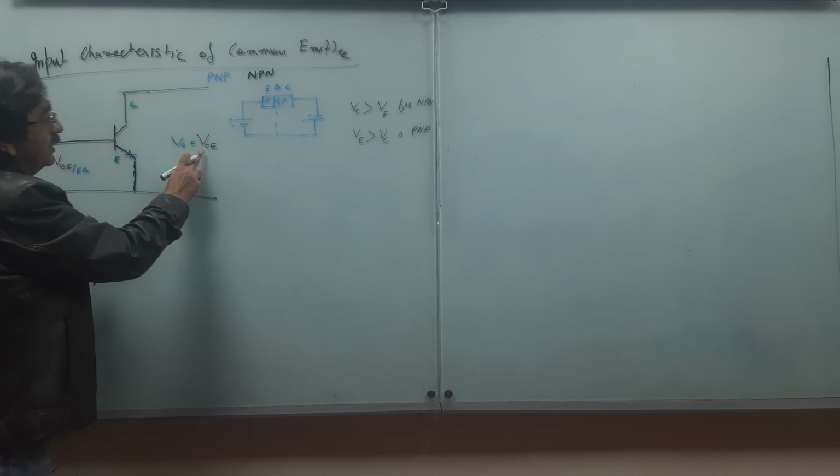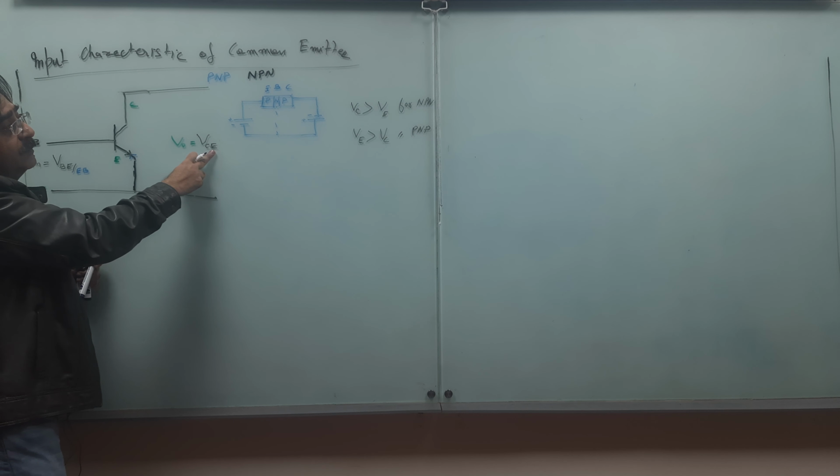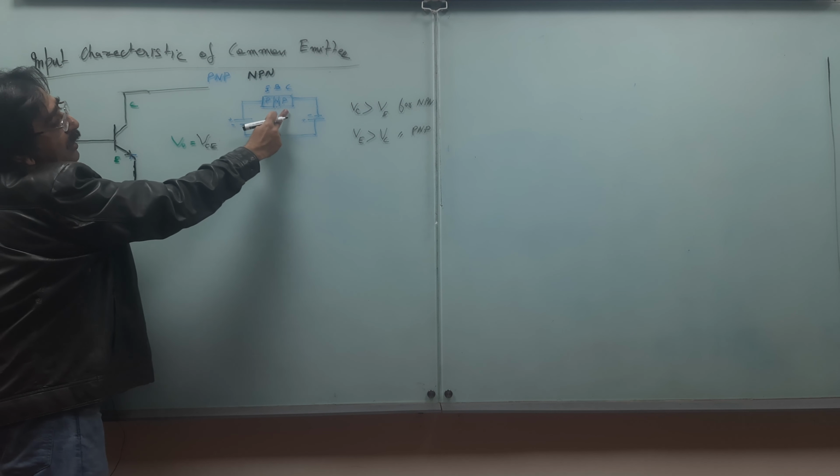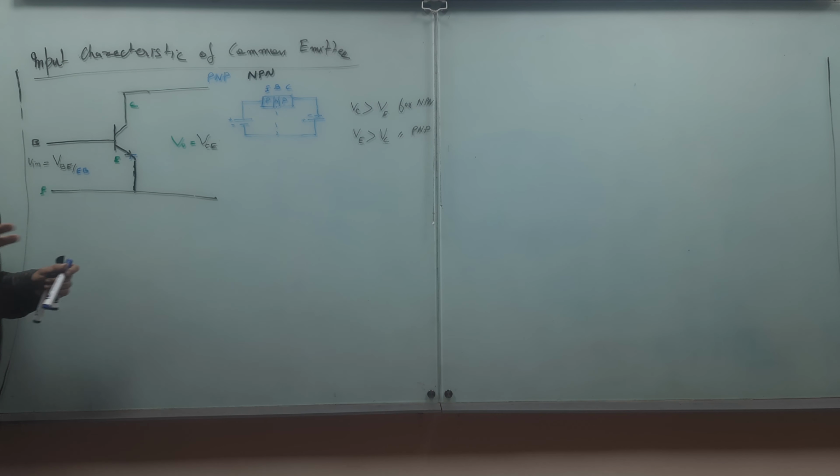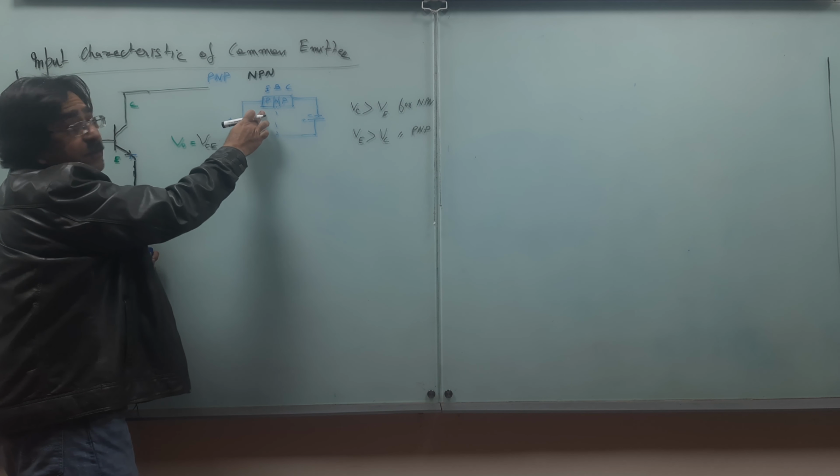So CE, because C will be high and E will be low, that is the reverse.